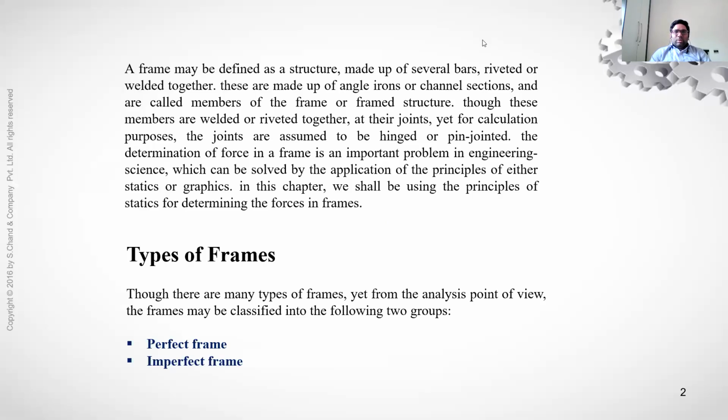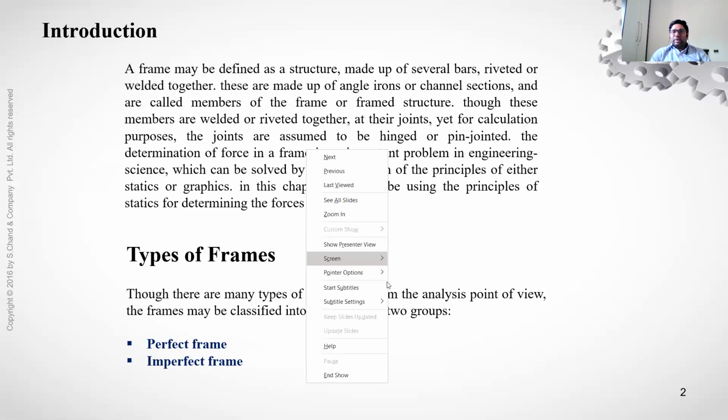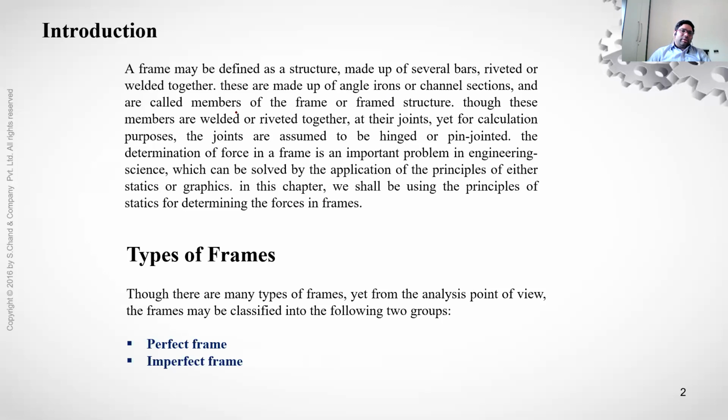Okay. So first of all, we all know what exactly a frame is. We've already seen that. I've taken this entire material from Engineering Mechanics by R.S. Kurmi, one of the very interesting books, and the PPT was also taken from that.